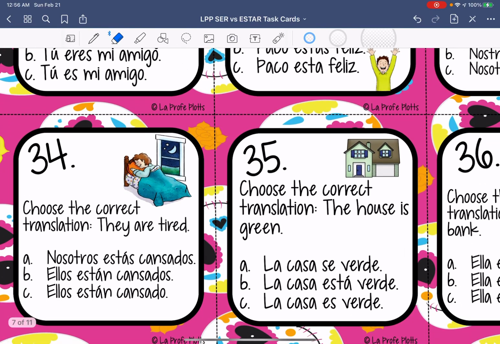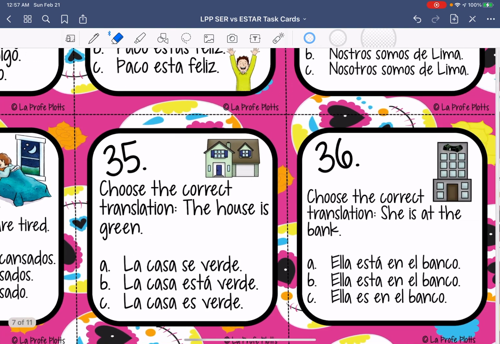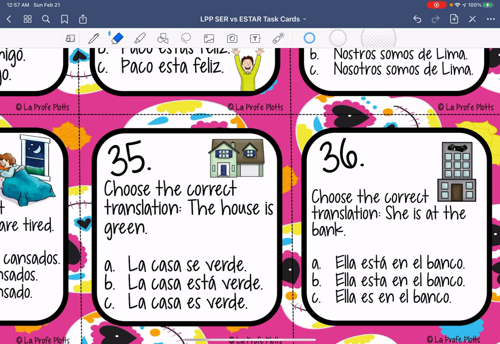34. Choose the correct translation. They are tired. A, nosotros estás cansados. B, ellos están cansados. C, ellos están cansados. Type A, B, or C. Okay? 35. The house is green. A, la casa se verde. B, la casa está verde.